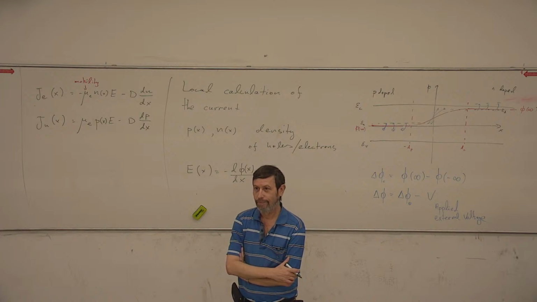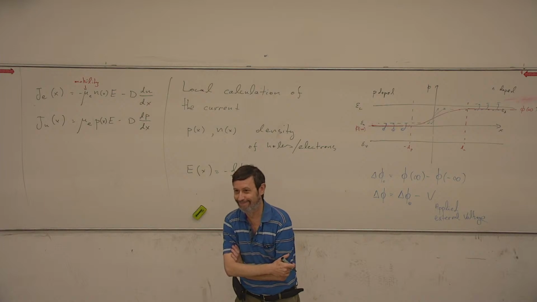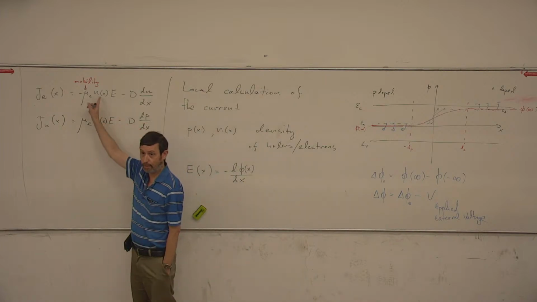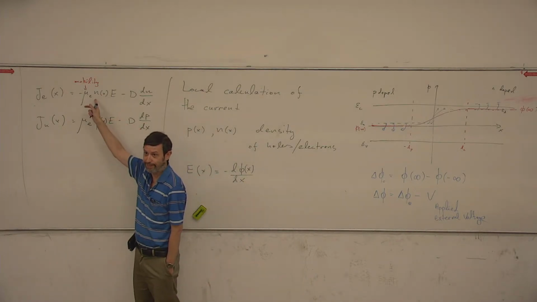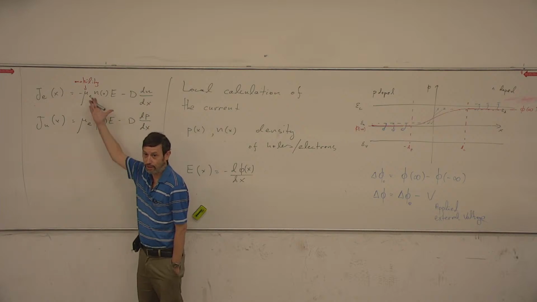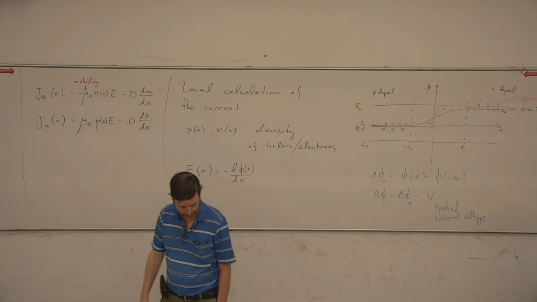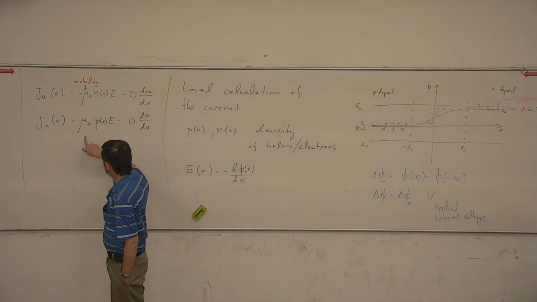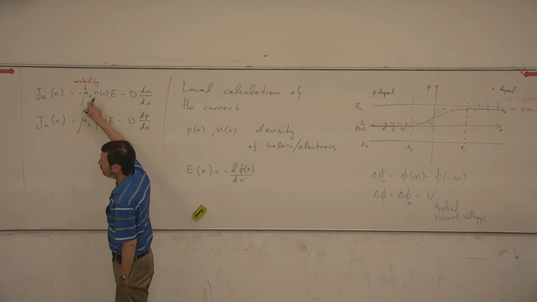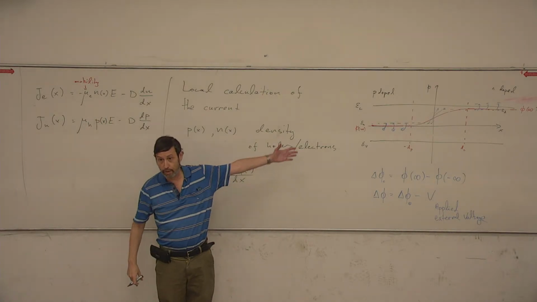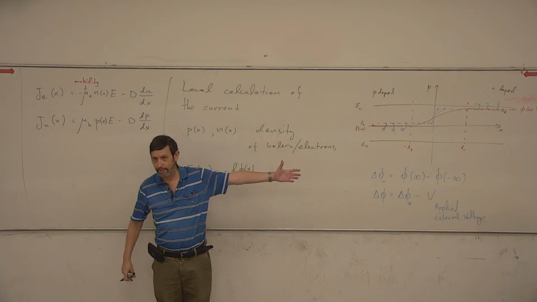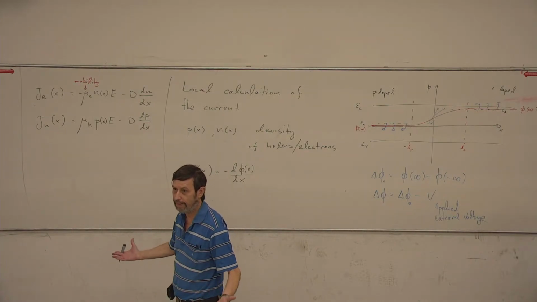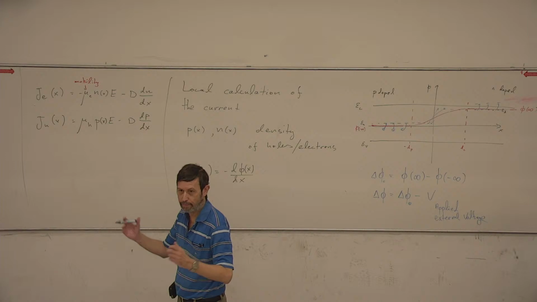You always go from higher to lower. Exactly. On the other hand, the response to an electric field depends on the sign of the charge of the entity. And it's not necessarily the same mobility, because holes live in the valence band and electrons live in the conduction band.